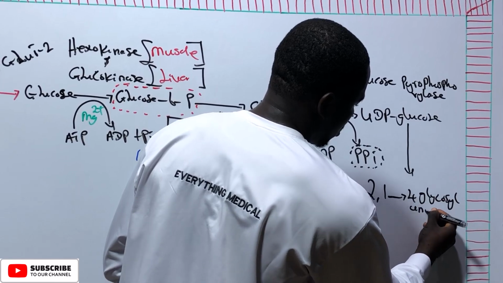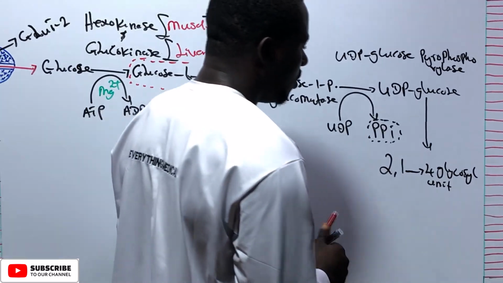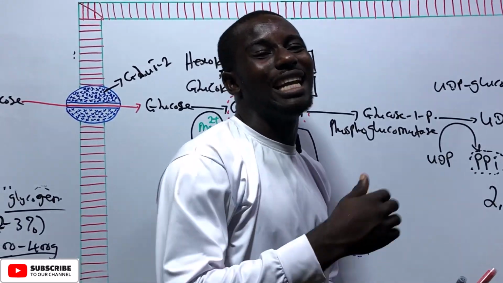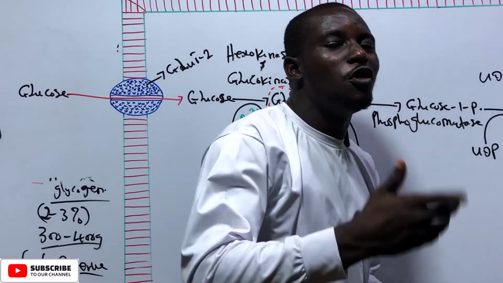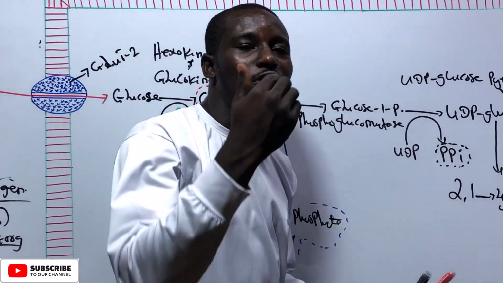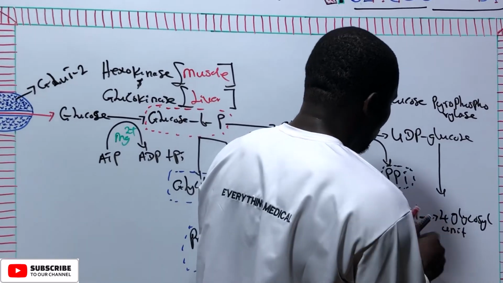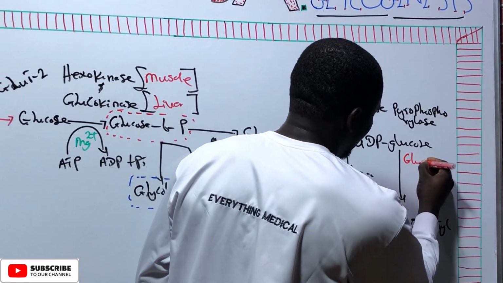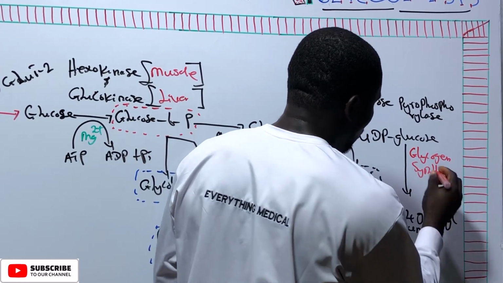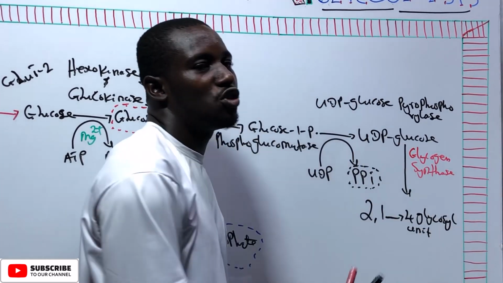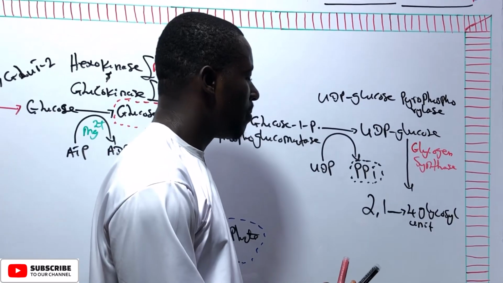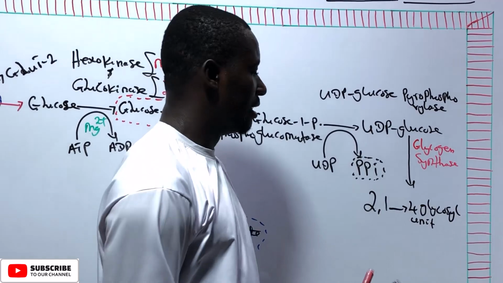This step is the rate-limiting step of glycogenesis because it is catalyzed by an enzyme called glycogen synthase, which is active in its dephosphorylated state. What does it do? This enzyme adds a glucose moiety by forming alpha 1,4 glycosyl units. That is how it works.